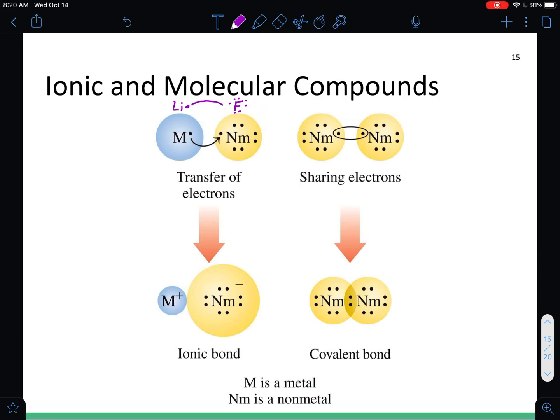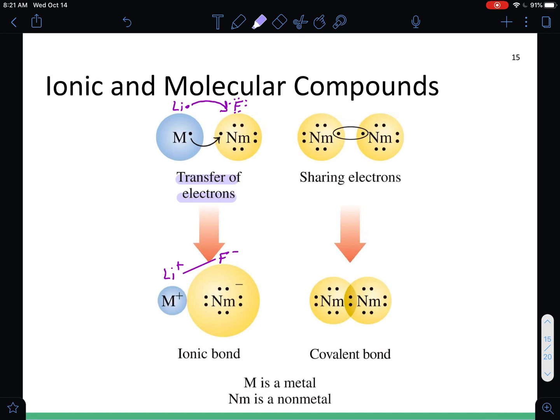And for each of them to become happy with a complete outside shell, lithium can transfer one of its electrons. Lithium results in a positive charge, fluorine a negative charge, and it results in an ionic bond. So ionic bond formed between ions, and when that happens, electrons are transferred.